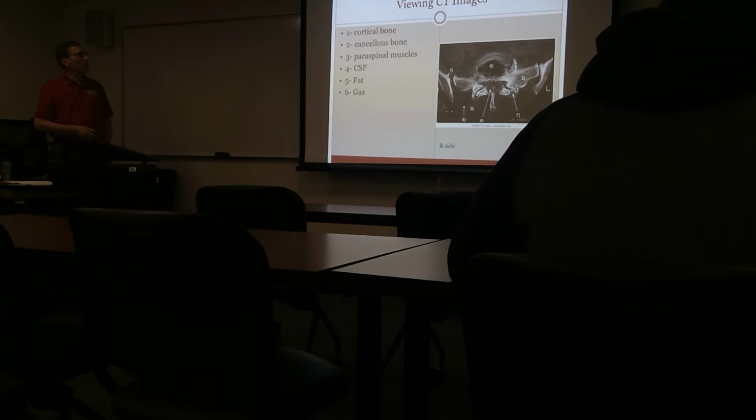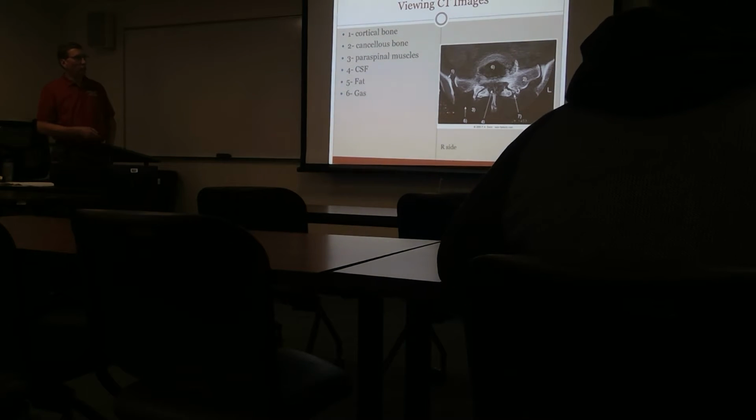Okay, if we view a CT image here, notice we put right side and left side. In general, what does it look like we're looking at? Yes, sir, what do you think? It can't be cervical, that's a big vertebra. This is probably L5 at S1, right? All this sticking way out here to the side.